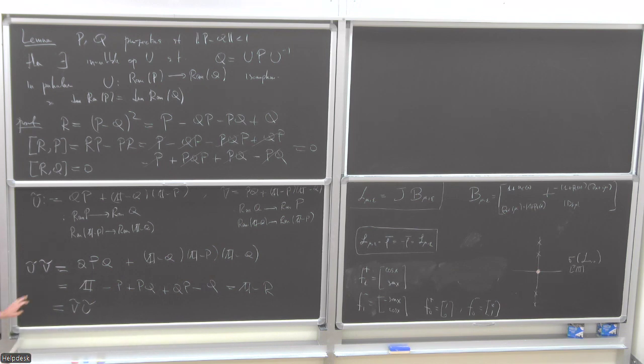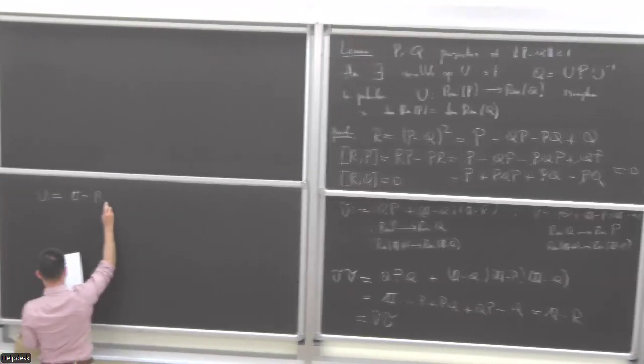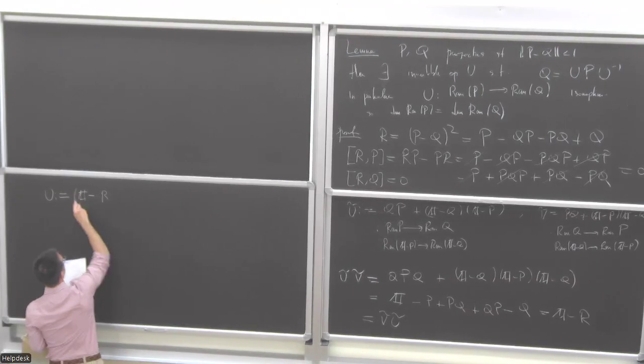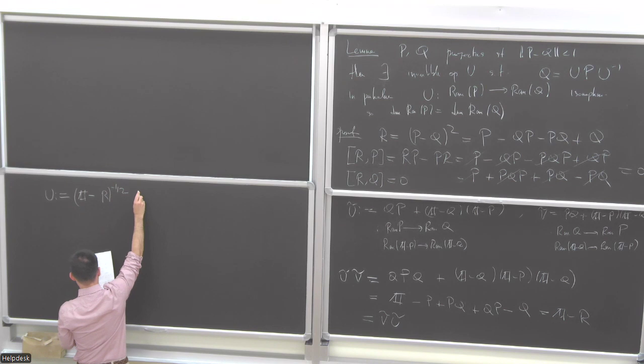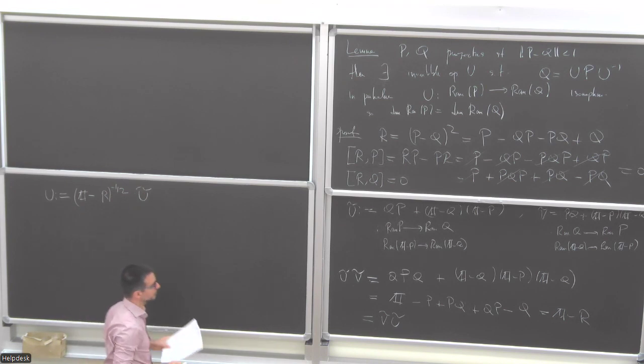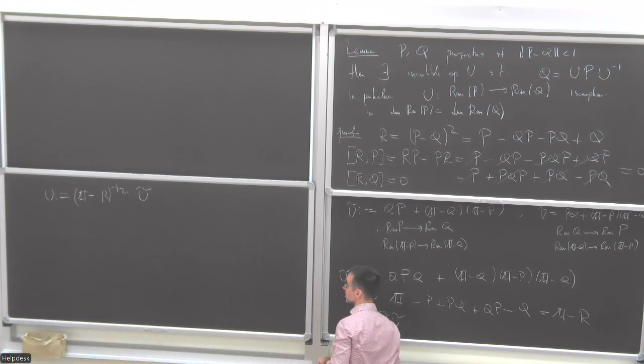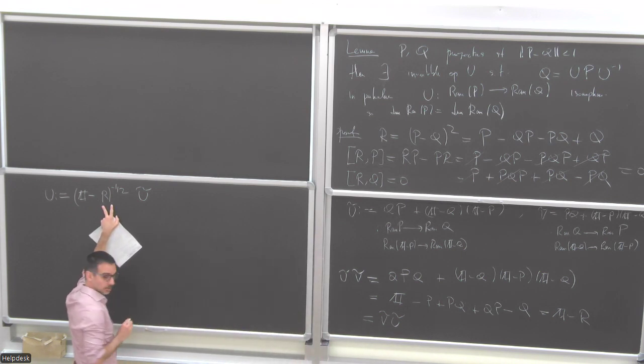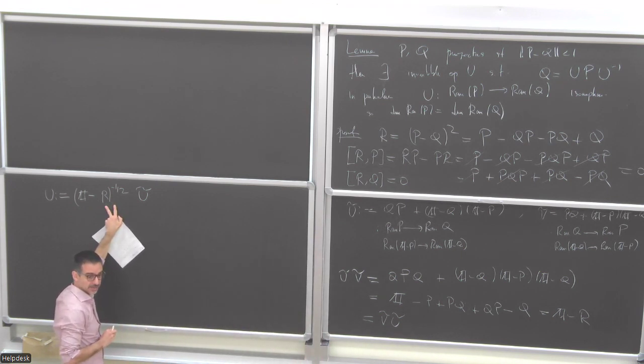Okay? And now we are done because what happens if you define U as identity minus R to the minus 1/2 times U tilde. And this object is defined by a norm series because the norm of R is smaller than 1.